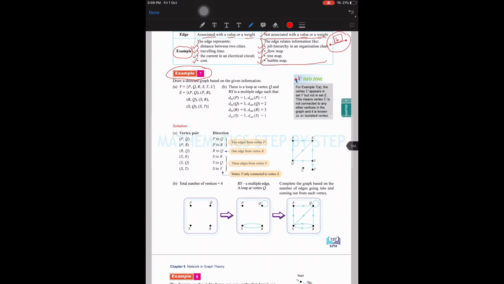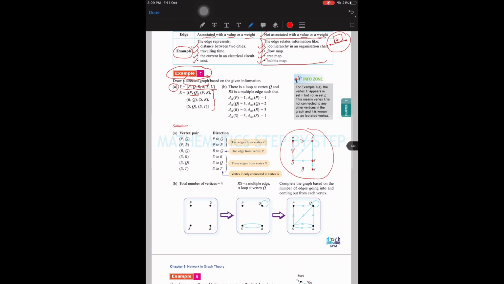Okay, so now let's go through example 7 together. Draw a directed graph based on the given information. A, this is the set of vertices, this is the set of edges. Let's look at the solution given. The edges are named P, Q, R, S, T, U. Then P to Q. Because it says a directed graph, we must have all these arrows.